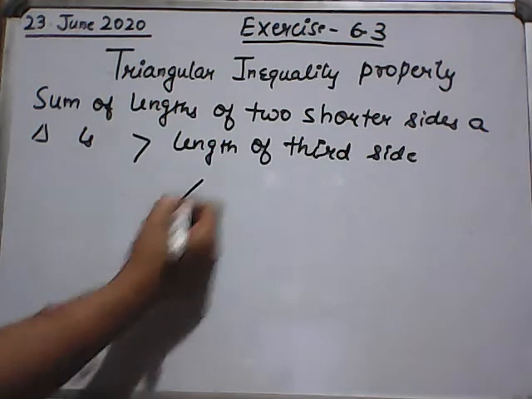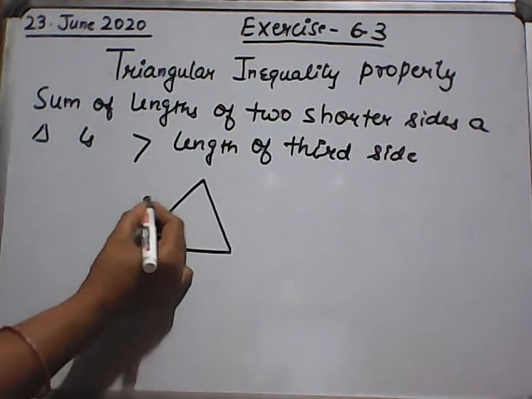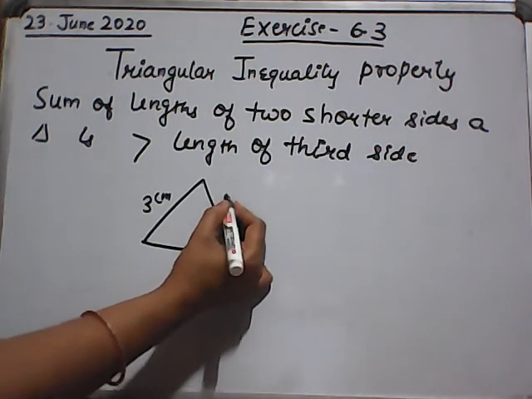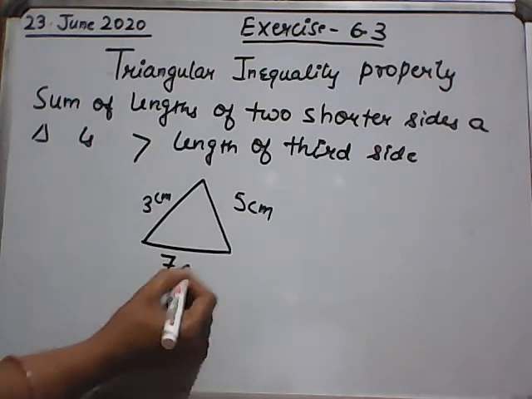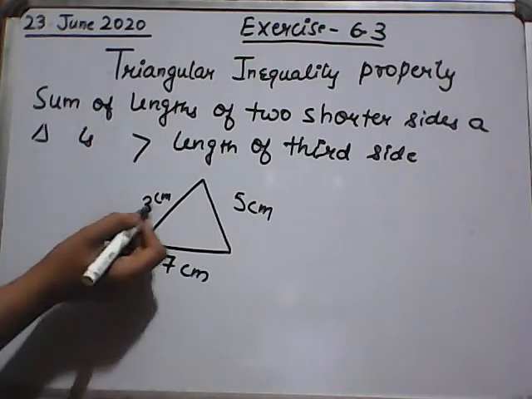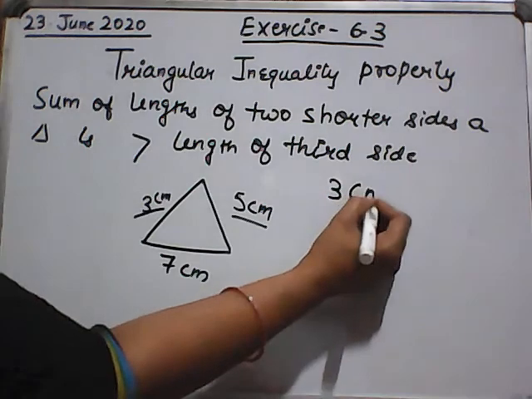Suppose a triangle is given to you. Here the sides are given as 3 centimeter, 5 centimeter and 7 centimeter. Now in this triangle we have two shorter sides, 3 centimeter and 5 centimeter.